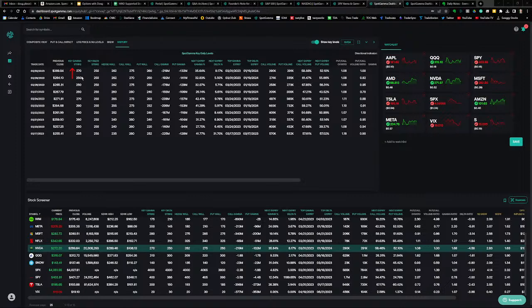So a pretty good jump in the key gamma strike. Also an increase in the call wall from 270 to 275. And then finally an increase in the put wall from 250 to 260. So 3 key levels all increasing. I definitely interpreted that as bullish. I was looking for long setups in Nvidia.